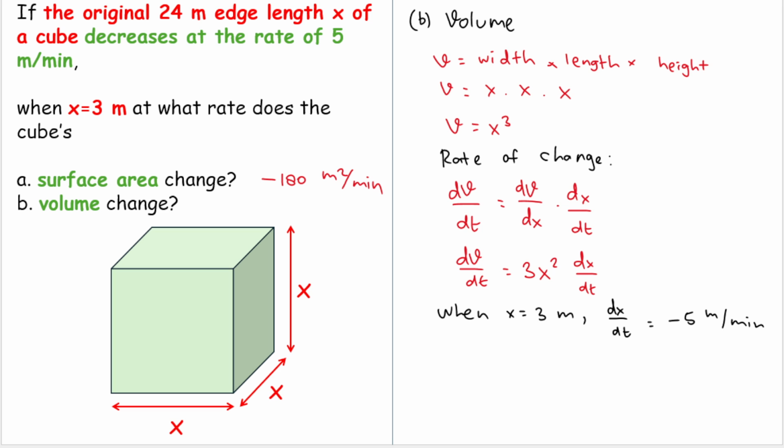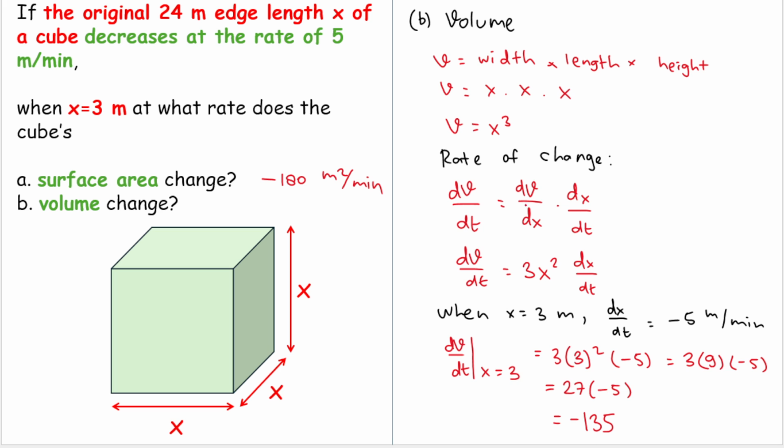So we will have dV/dt when x is equal to 3: 3 multiplied by 3 squared and then multiplied by minus 5. 3 multiplied by 3 squared is 27, times minus 5, and that will be minus 135.